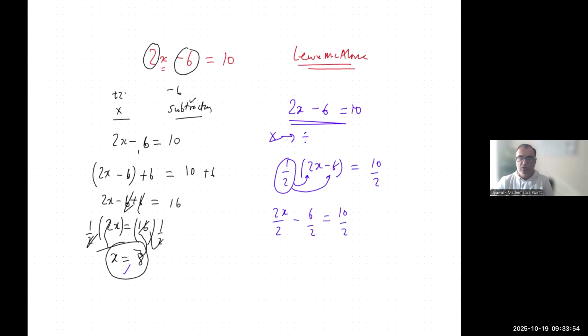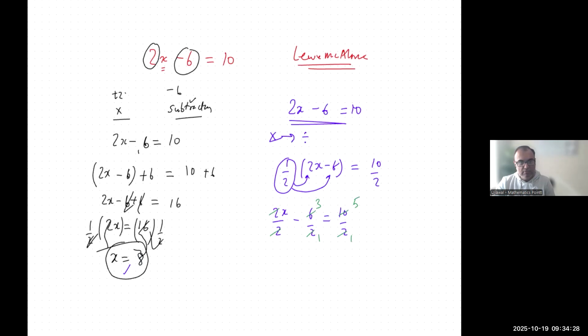A distributive law. Let's see what's happening now. I'll change the color. 2 is cancelled. 2 times 1, 2 times 3. I'm simplifying the fractions, and 2 times 1 and 2 times 5. Let's see how your equation now looks like.